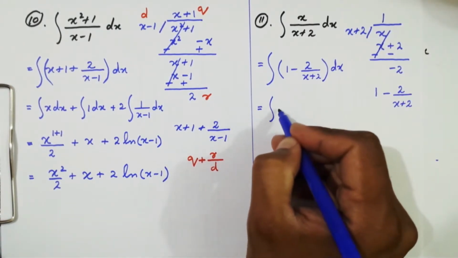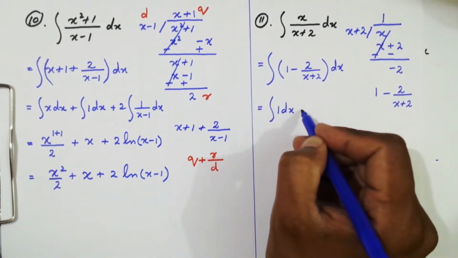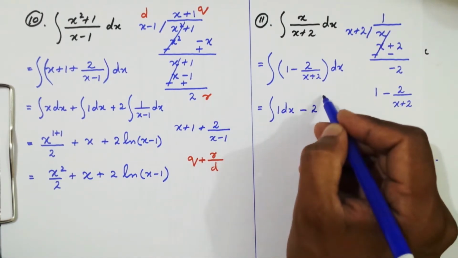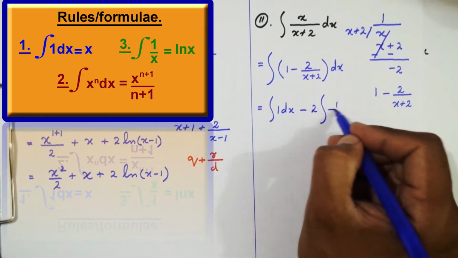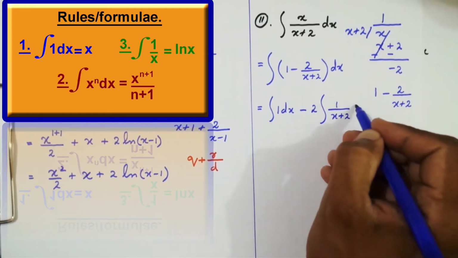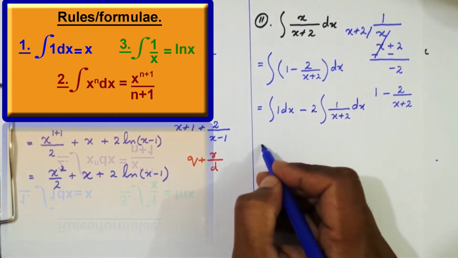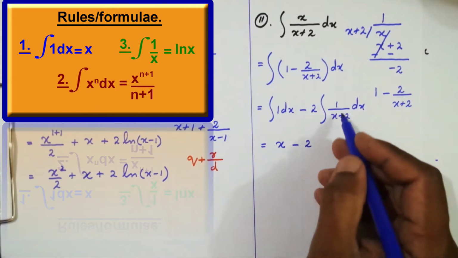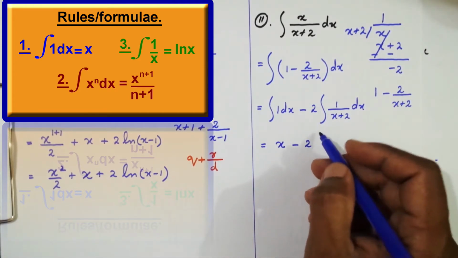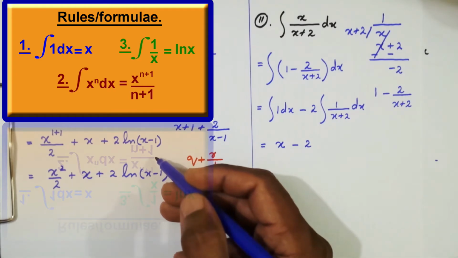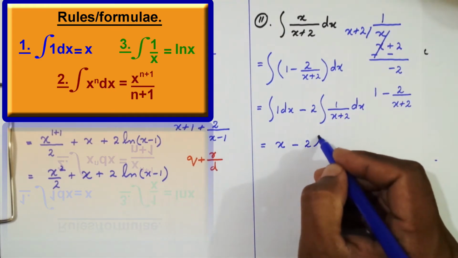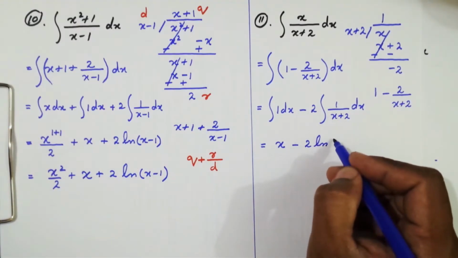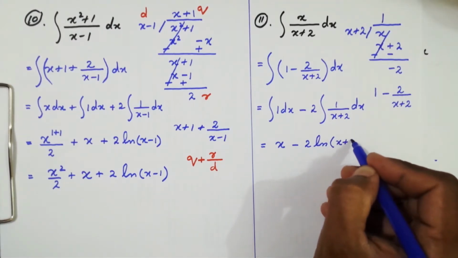After applying integral sign with each term separately and take out 2 from the integral sign. Here integration of 1 is x, and integration of 1 by x plus 2 same as this rule in question number 10. Here integration of 1 by x plus 2 is natural log of x plus 2.